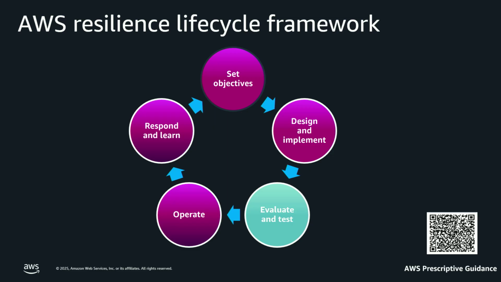And once you have the right instrumentation in terms of observability, you move on towards respond and learn, where based on the various incidents that your operational team manages in terms of infrastructure failure, availability, or application level failures, you would really have a mitigation strategy with runbooks, playbooks, operating procedures and all other incident management related best practices. And then you continually learn on how you are mitigating those failures. And then you funnel those learnings into your set objectives and various other stages as part of the overall flywheel.